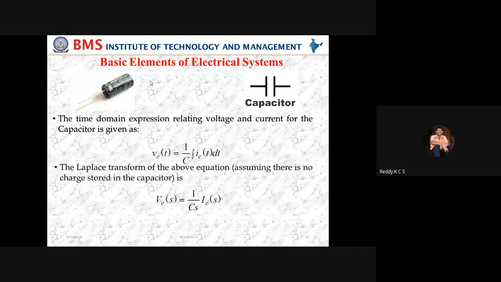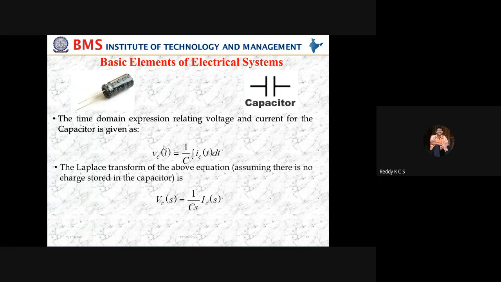The time domain expression relating voltage and current for the capacitor is given as V is equal to 1 by C integral of I of t dt. So this is how we can calculate the voltage using the capacitor.